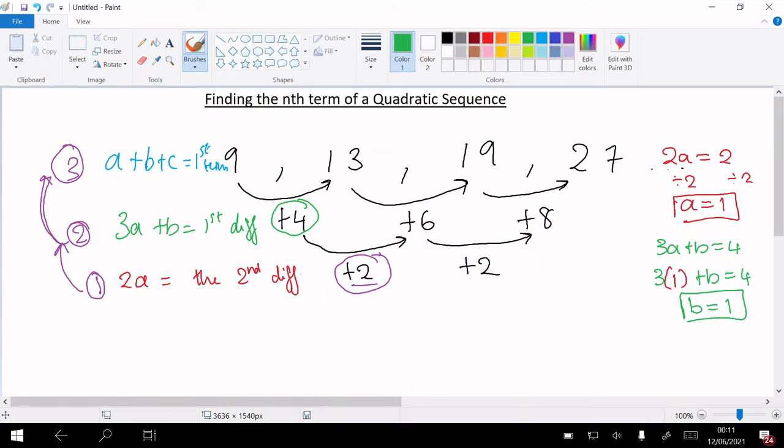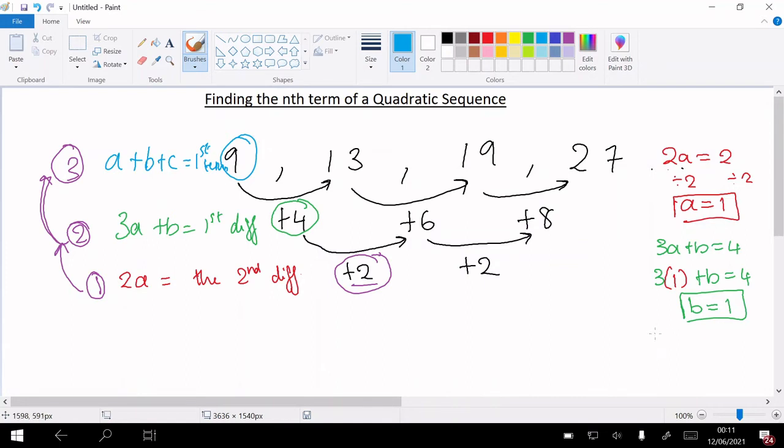Perfect. Now we are moving on to the last equation. Once again, you have to be very, very careful in which term you use. a plus b plus c is equal to the first term of the sequence. It's not 13, it's not 19, it's not 27. It can only be the first term.